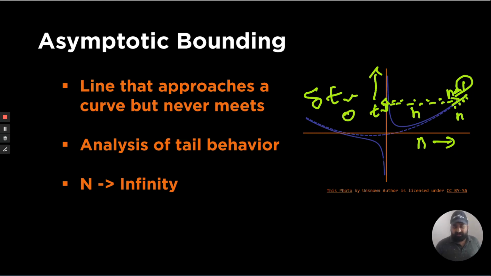And that's why this notation is used. We are going to see very soon the instantiation of this notation, but basically we are concerned again with the tail behavior, which is what happens for very large n, which is when n tends to infinity.